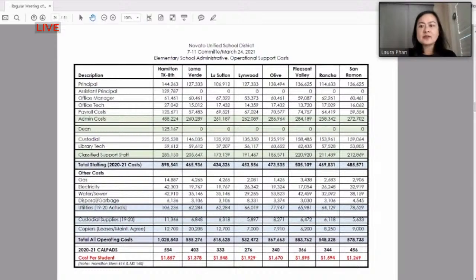Using that and the 2021 current year enrollment, the cost per student ranges from $1,857 at Hamilton and $1,378 at Loma Verde, all the way to $1,249 at San Ramon.